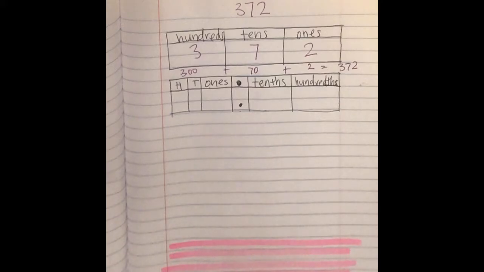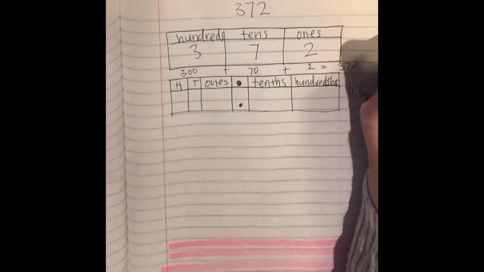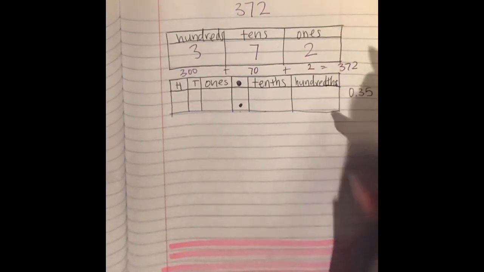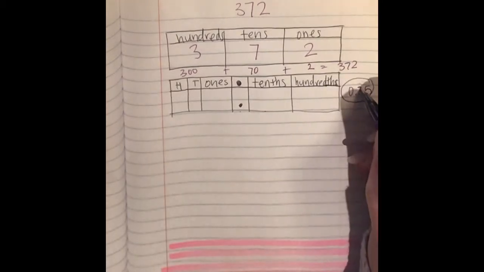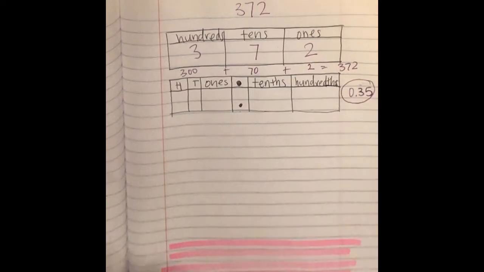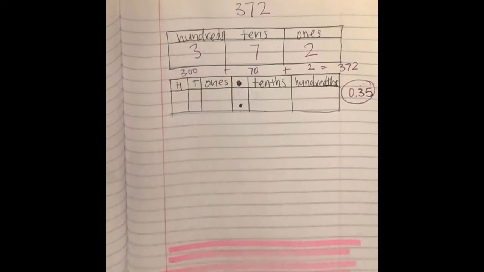So if I have the number, it looks just like this. How would I say that? It's not 0.35. Let's put it in our chart. How many hundreds do we have? We don't have any, so we don't have to put anything there. Do we have any tens? No. Do we have any ones?